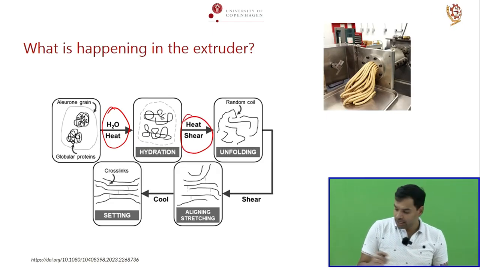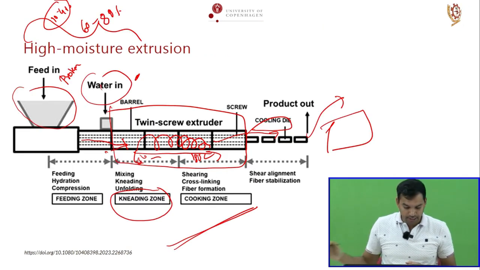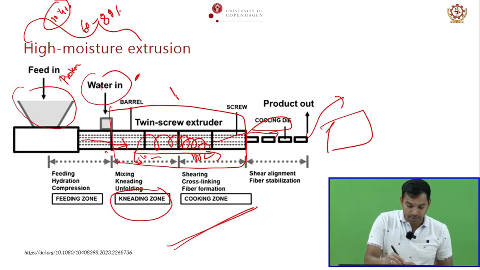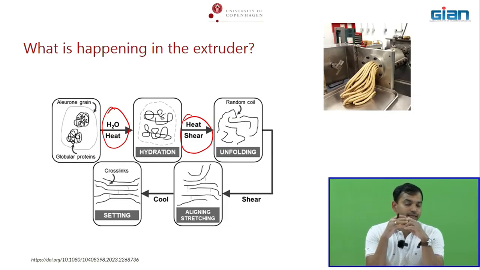And then in this particular zone, the temperature can be, they say, 100 degrees Celsius to 180 degrees Celsius, depending on the machine here. We all know that most plant proteins can also denature, right?